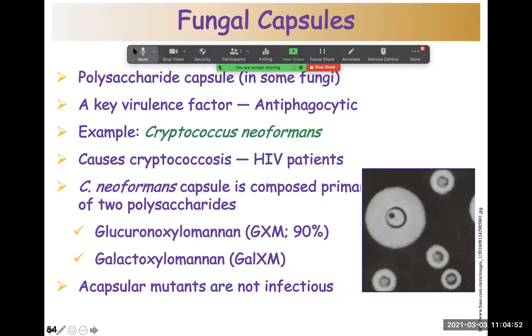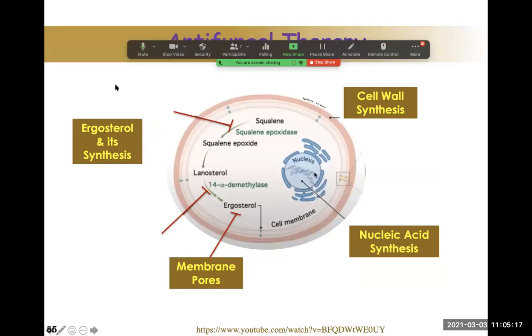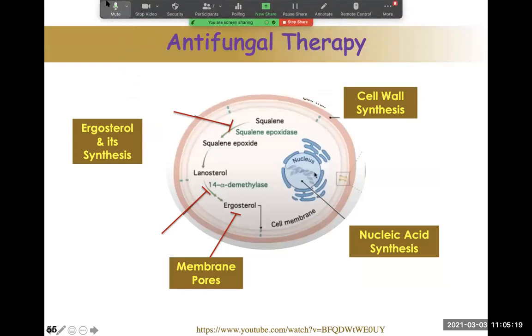As I told you, some fungi have capsules, such as Cryptococcus neoformans. This particular fungus is very important in the case of HIV patients when their T cells drop quite low and they get Cryptococcus neoformans, which can kill the patient. We call this cryptococcosis. And so you could have drugs that target the capsule.